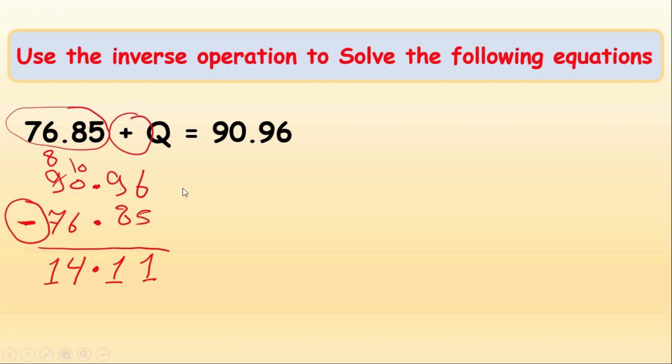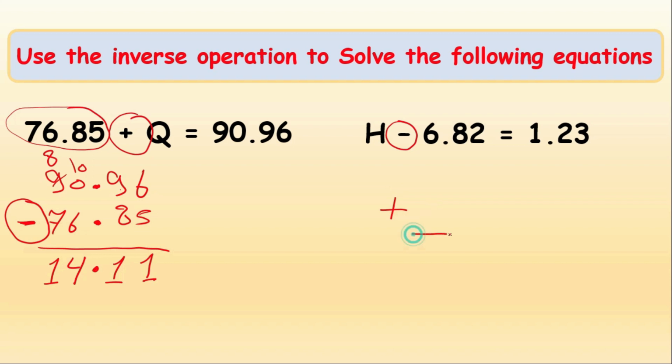Okay, another example: h minus 6.82 equals 1.23. Here we have subtraction, so the inverse operation is addition. Add the two smaller numbers to find the greater number.